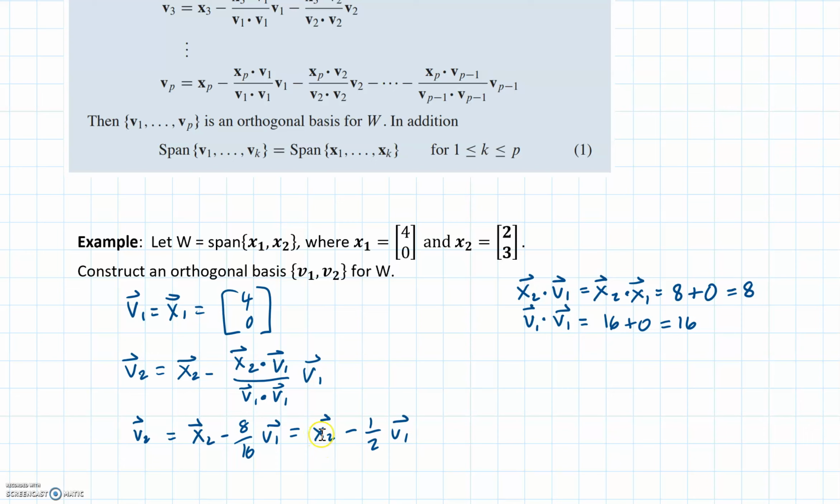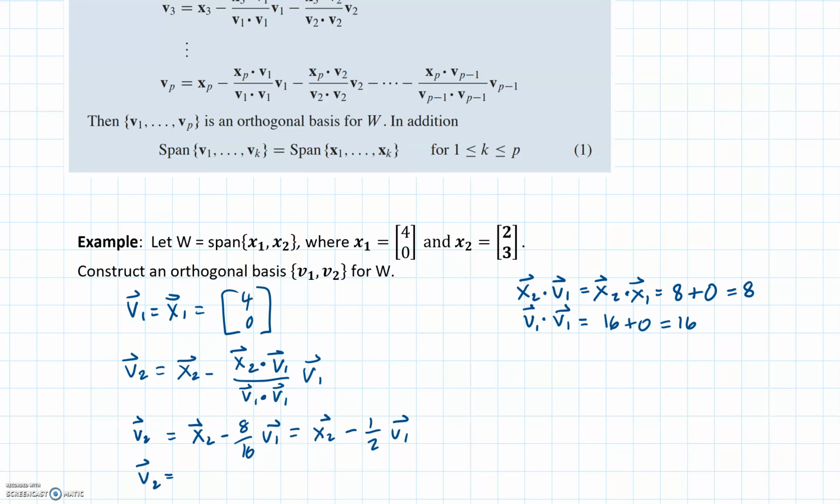Since x2 is in W, and we're subtracting off the projection onto V1, then V2 is going to be orthogonal to that x1, or that V1. Kind of interesting.